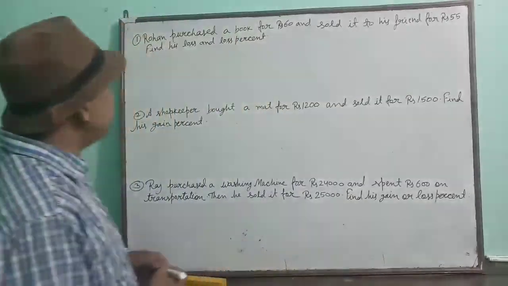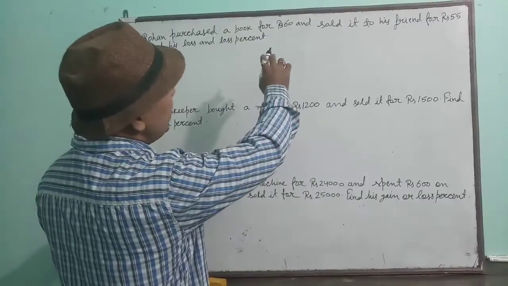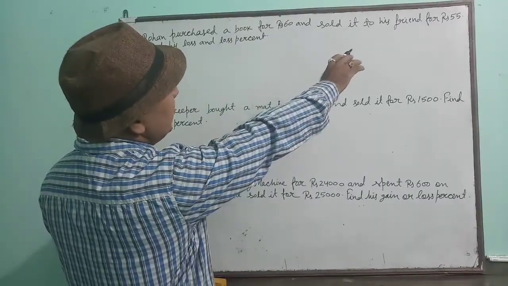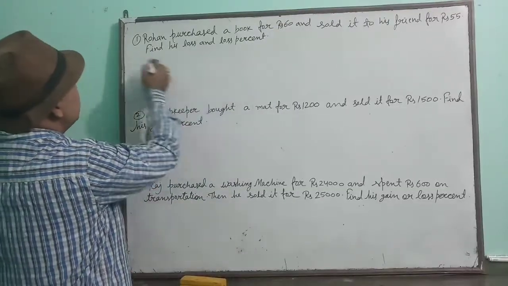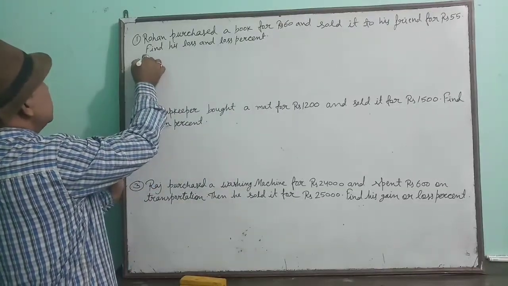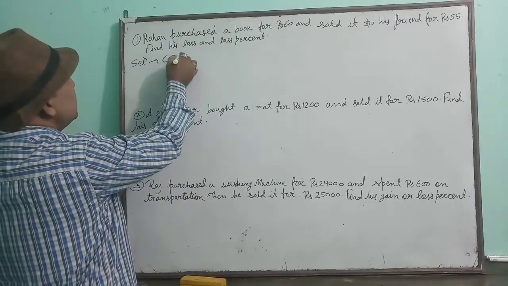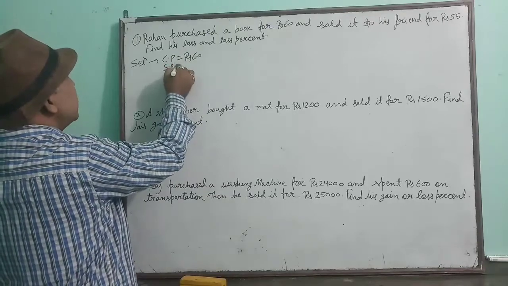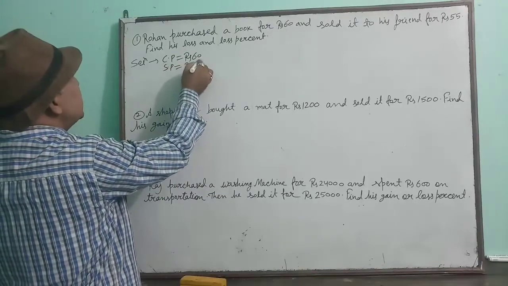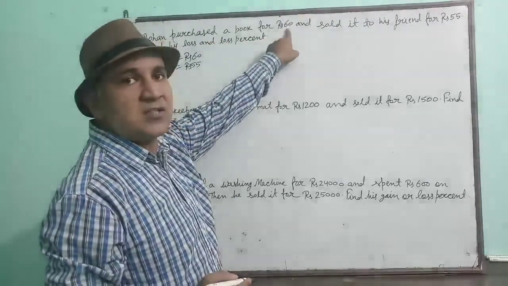Okay, so see today the first question. Rohan purchased a book for 60 rupees and sold it to his friend for 55 rupees. Find his loss and loss percent. See children, you have to find both.